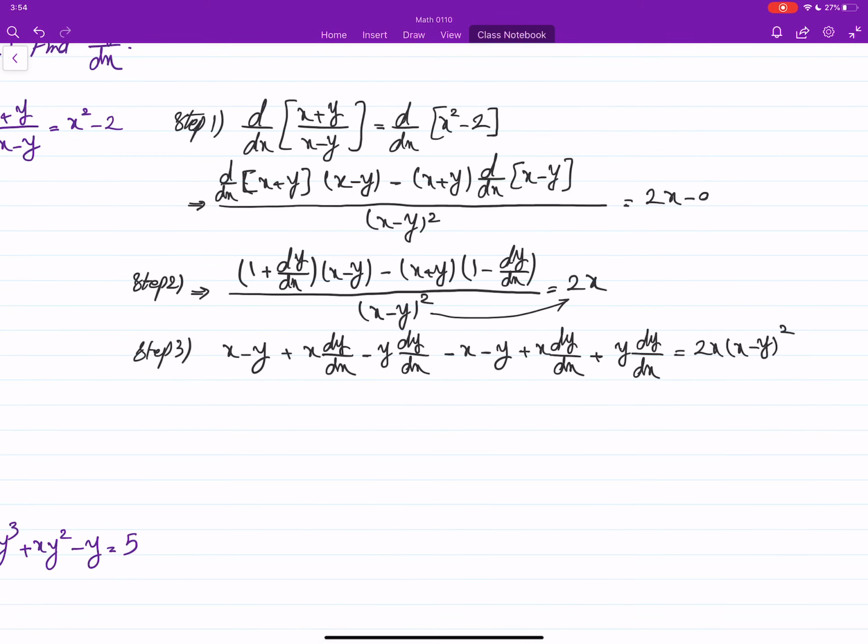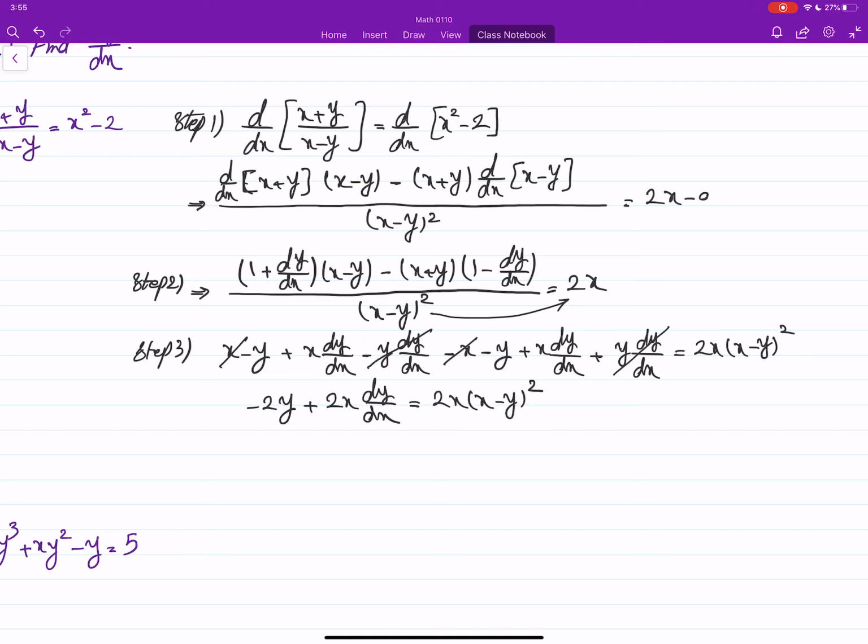Very nice. So here let's see if we can do some simplification. For example, see this term and this term, they cancel each other. This cancels that one, and then on the left we get negative 2y plus 2x dy/dx equals 2x times (x minus y) squared.